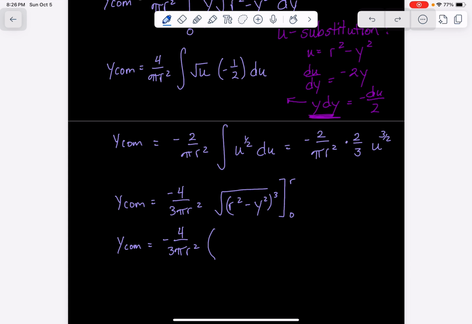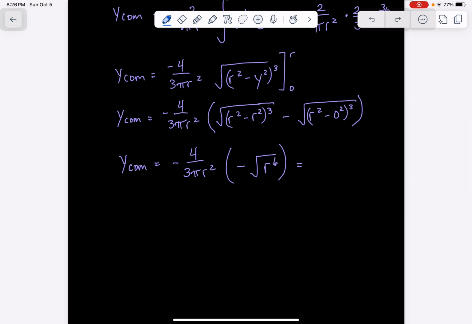And so constants stay out front. I'm going to plug in r. So I'm going to have r squared minus r squared to the 3rd minus, and I'm going to plug in 0. So that'll be r squared minus 0 squared to the 3rd. And then the constants stay out front.